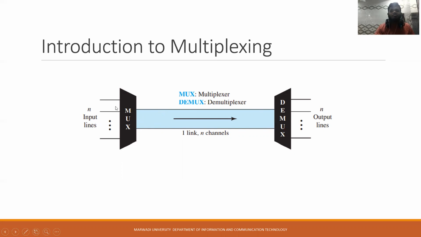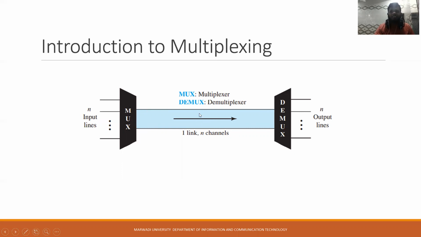For example, with n inputs, it decides which input to send as the output, and the demux receives that output and provides it to the related output. The whole point is that there is only one connection, or one cable, between the mux and the demux.